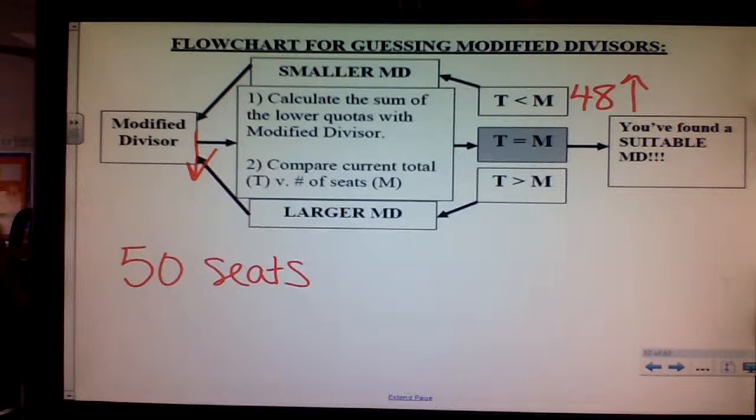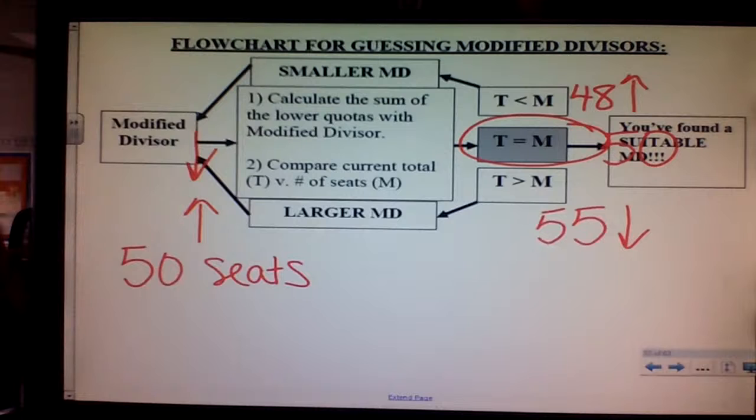If I then guess that one, and my total ends up being 55, this number now needs to go down, so I need to guess something that goes higher. We're going to keep rotating until we get exactly 50, because you have to base it off of the lower quotas that Jefferson says you have to use.